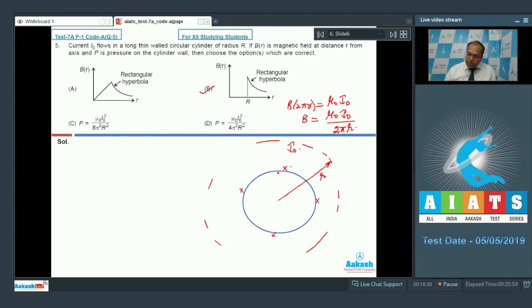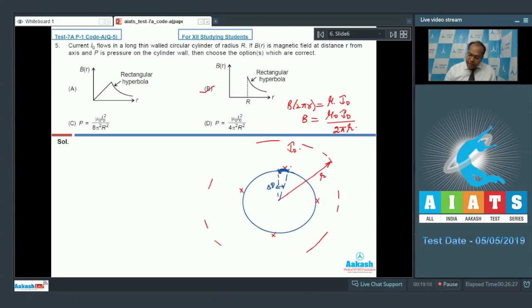In order to calculate the pressure on the cylindrical wall, I am considering a small section, and this section subtends an angle delta theta at the center. So this length is r d theta. If I calculate the value of the magnetic field at the location of the considered element of length r d theta, the magnetic field at this location is due to the remaining portion of the cylinder.